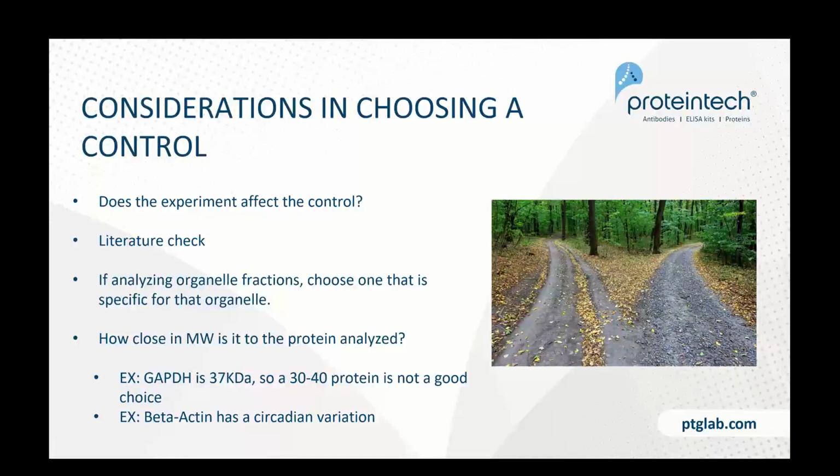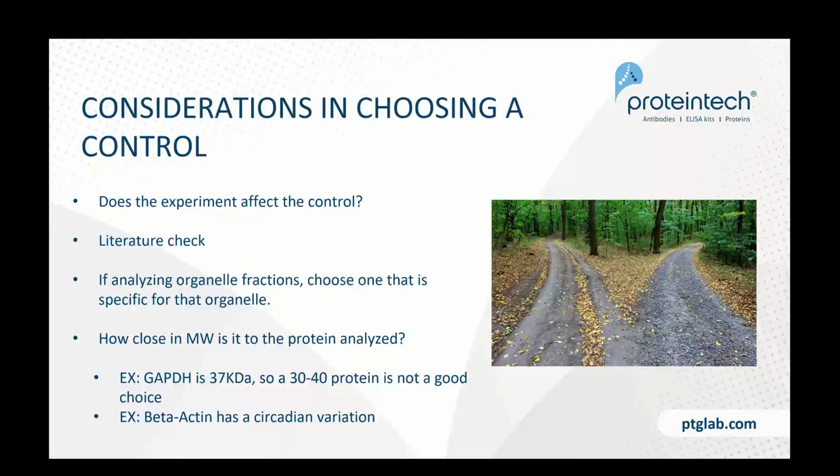Additionally, if you're analyzing organelle fractions, it's important to choose a control that's specific for that organelle. If you use GAPDH, which is in the cytosol, and you're looking at a nuclear fraction, you're not going to get any signal, and it will not be a good control. The last consideration is how close in molecular weight the control is to my protein of interest.